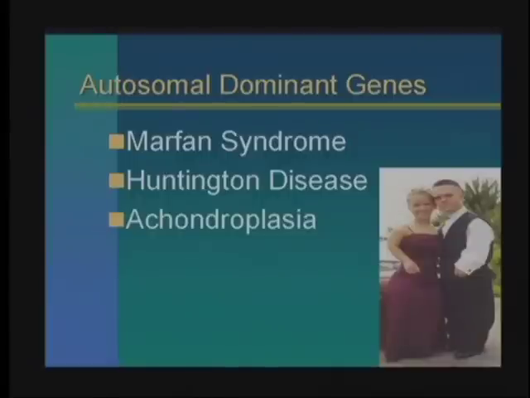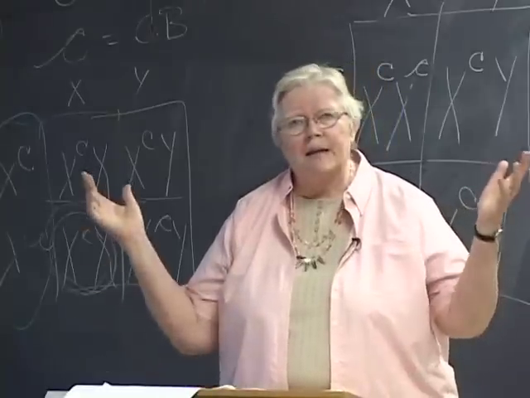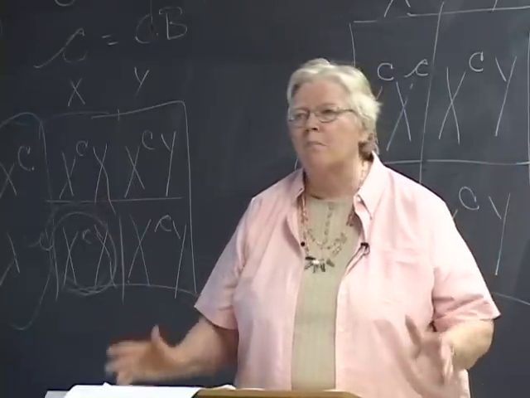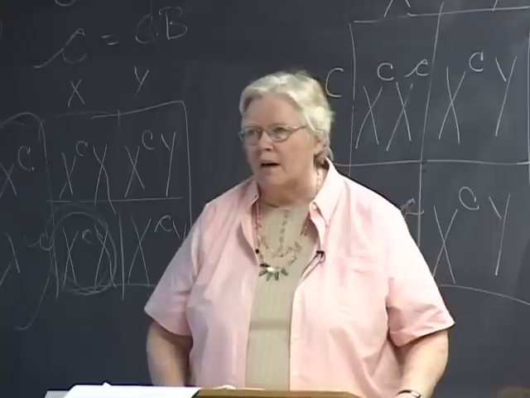Okay. Marfan syndrome. Marfan syndrome is a dominant gene. A person who possesses this gene is usually tall, thin, has long arms, long legs, long fingers, an answer to an NBA coach's dream. You know, they have the build for a basketball player.